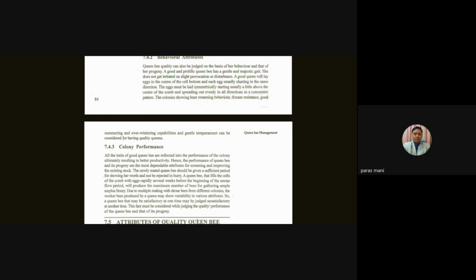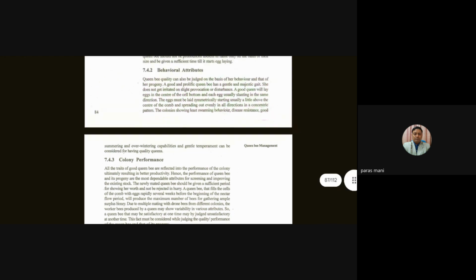The queen will not lay one egg here and go away and lay another egg on the other side of the comb. She lays eggs symmetrically and concentrically, in a ring-like manner in every next cell.